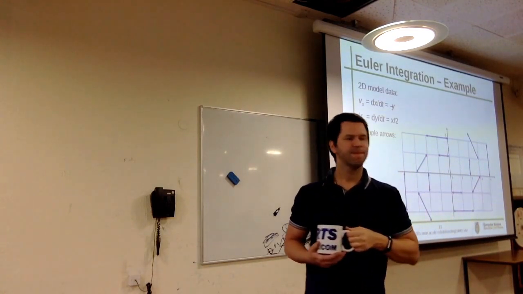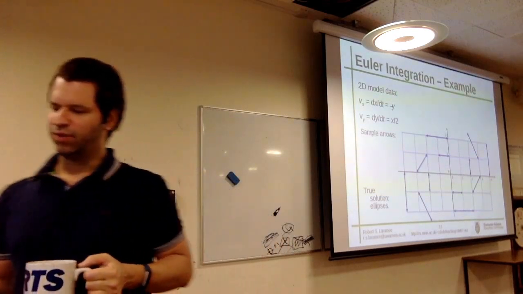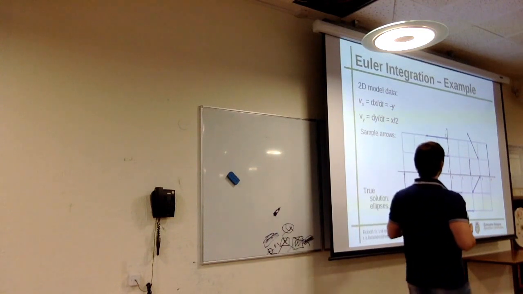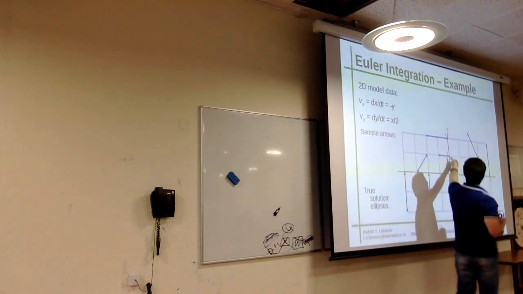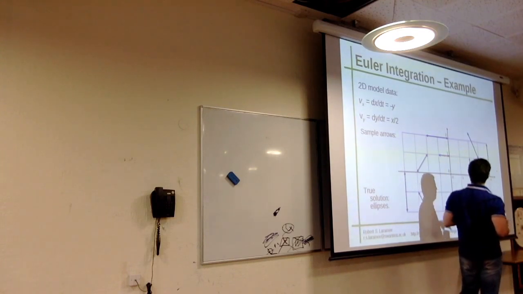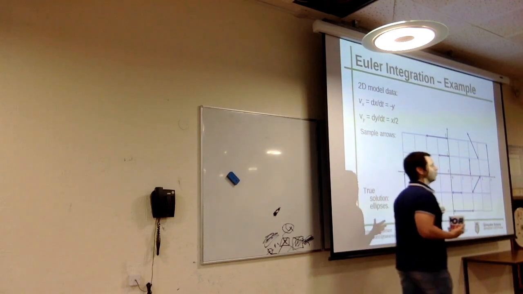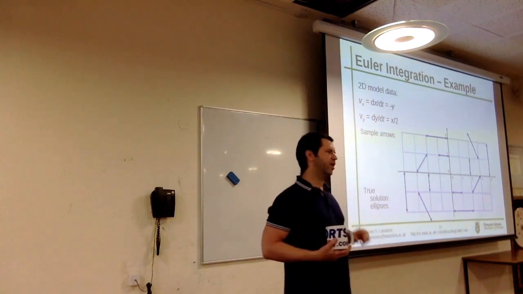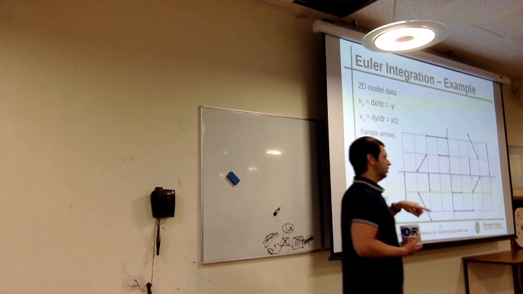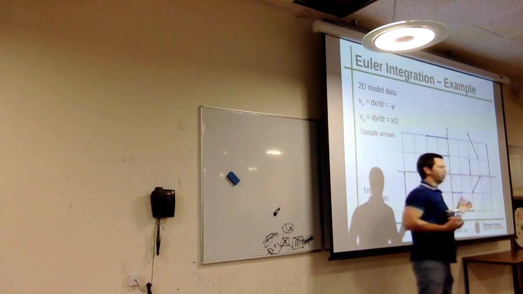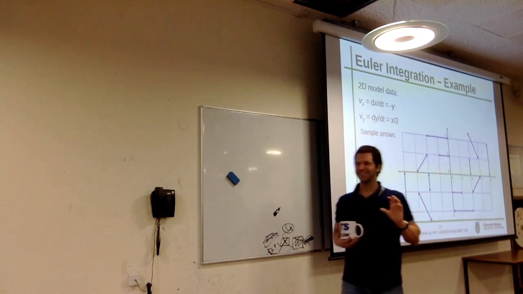Now the question we want to answer is, we know how to visualize the flow with these arrows. This is just an arrow with an x component of -1 and a y component of 0, so it points that way. Wouldn't it be nice if we could visualize this flow with streamlines? Curves that are everywhere tangent to the flow. That would be nice, right? So that's what we're actually talking about now, how to do that.